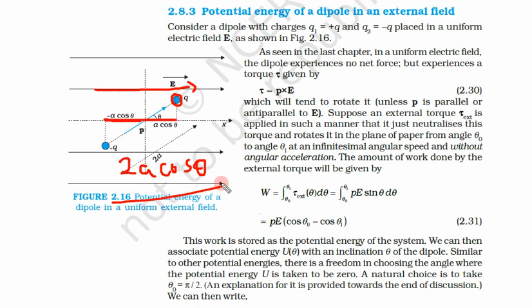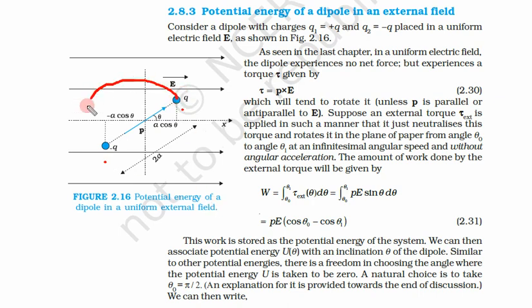Let me explain this once again. If this is the positive charge and this is the negative charge, and we want to rotate such that the positive charge comes at the place of the negative charge and the negative charge comes at the place of the positive charge, that is a 180-degree rotation. Since the electric field is in the x direction, previously this was r1 and this was r2, so we bring r1 here and r2 here.